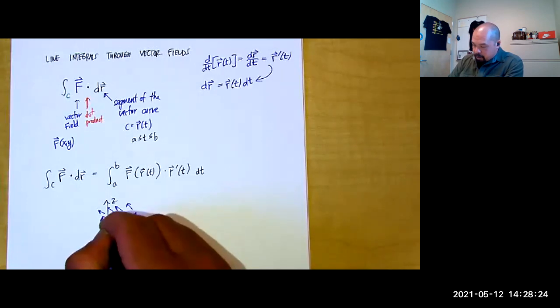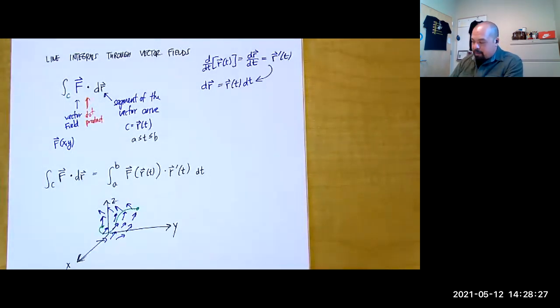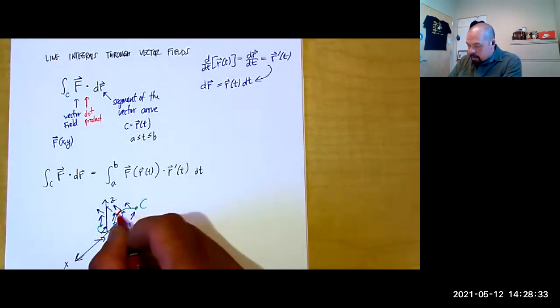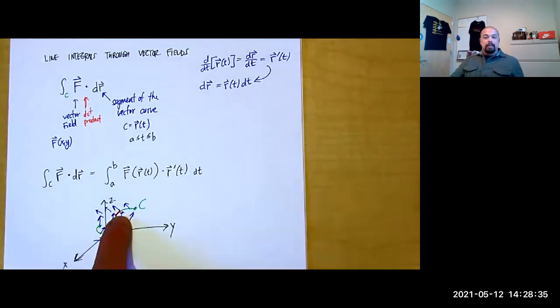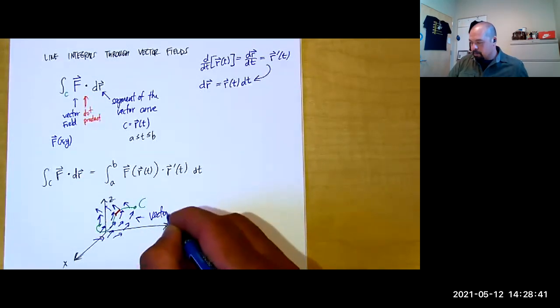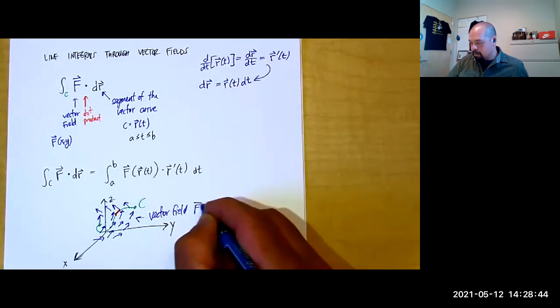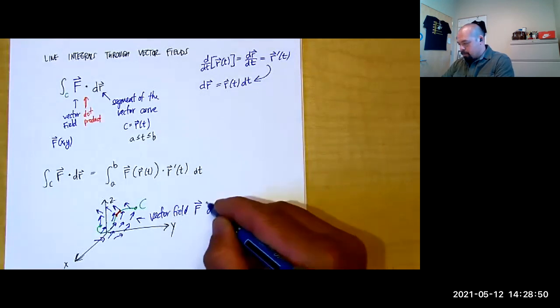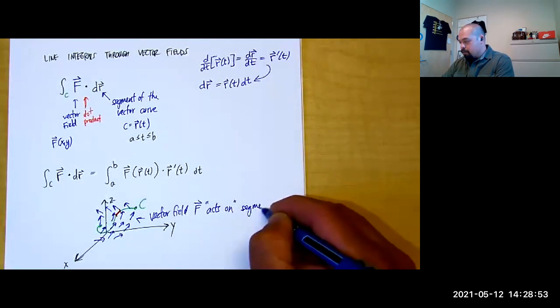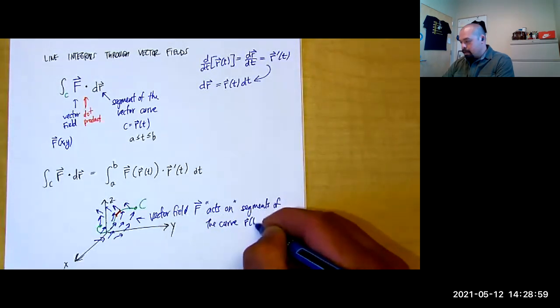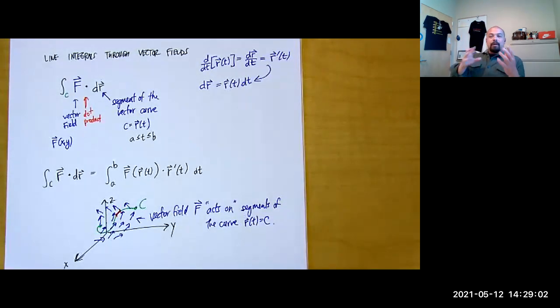And if we have some curve traveling through, we're just imagining taking these little segments and acting on that little segment of our curve with that vector field F. Right? It acts on, pushes on segments of that curve, r of t, which is C, okay? And we're accumulating, adding those up with that integral.